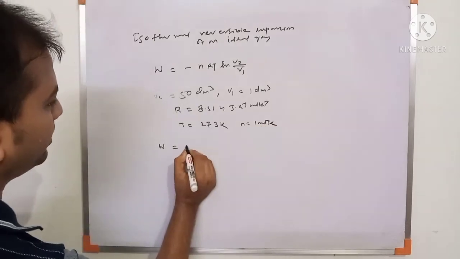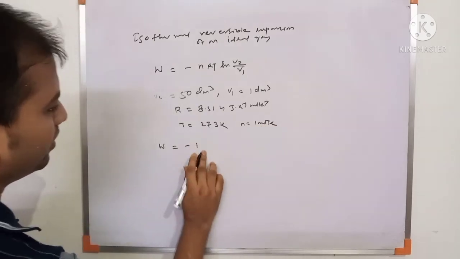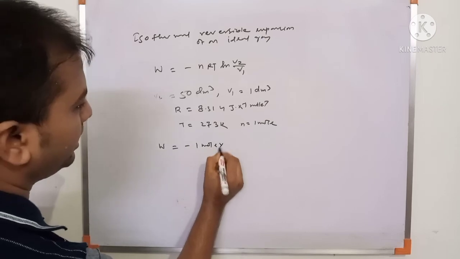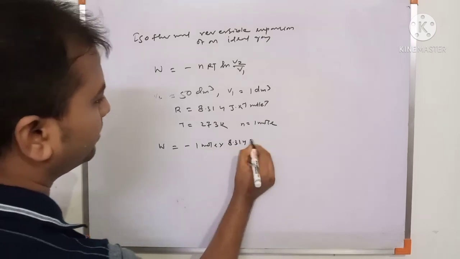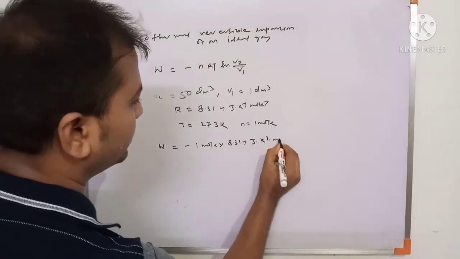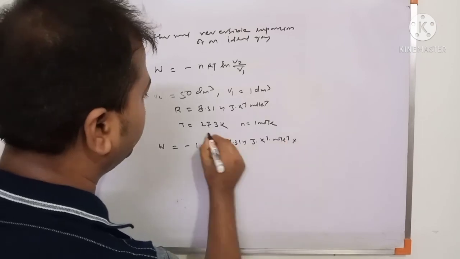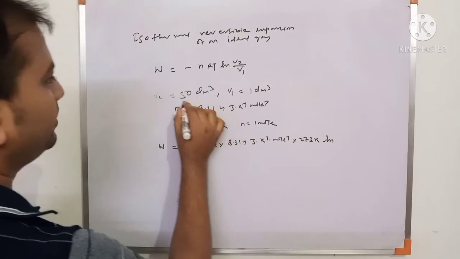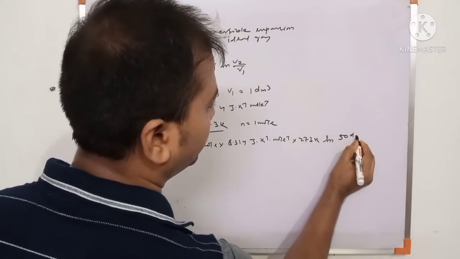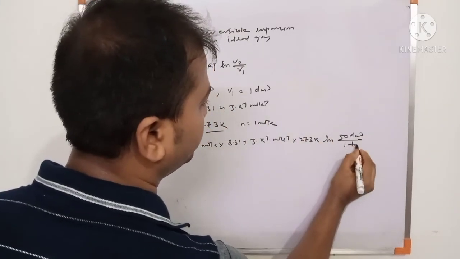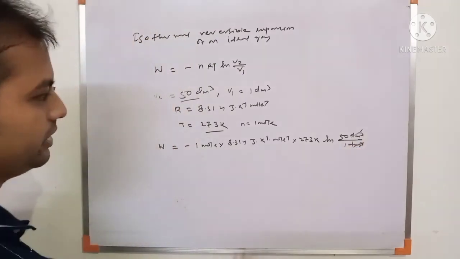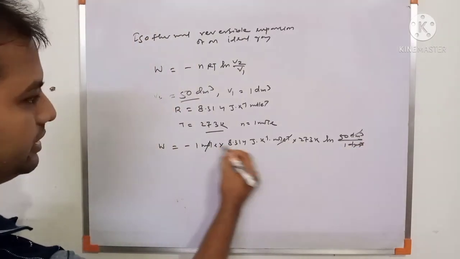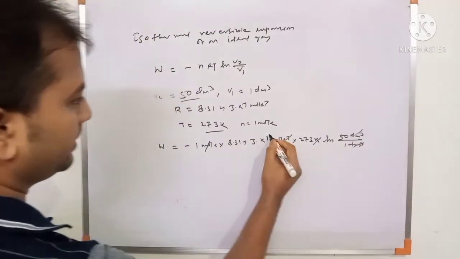So W equal to minus 1 mole into 8.314 joule Kelvin inverse mole inverse into 273 Kelvin into ln of V2, 50 decimeter cube, by 1 decimeter cube. This unit and this unit cut, and Kelvin cut.